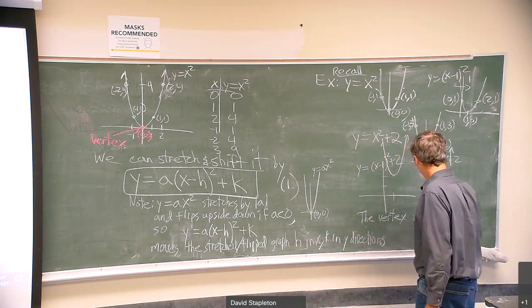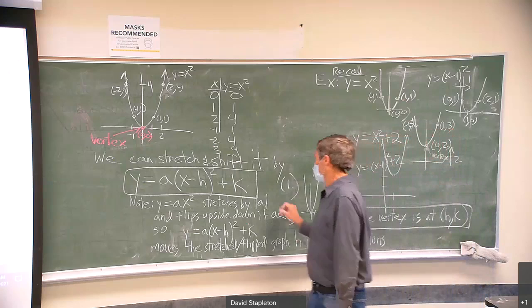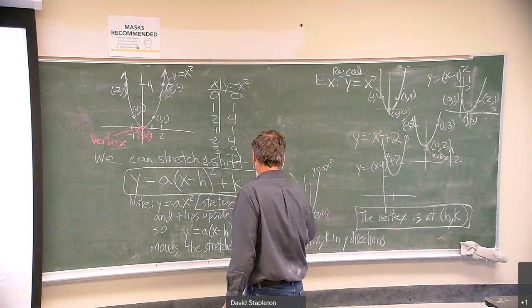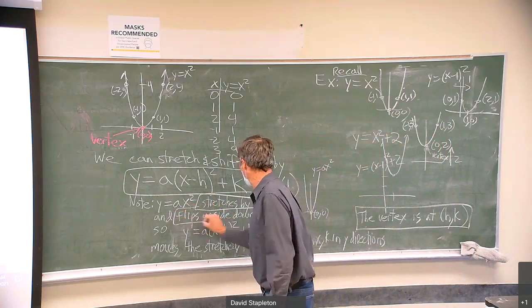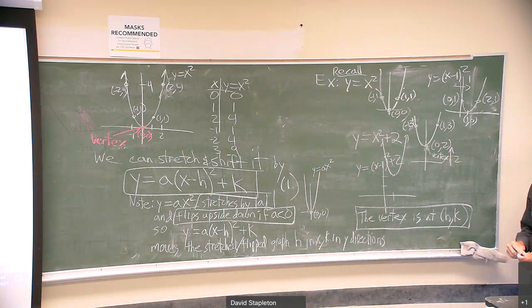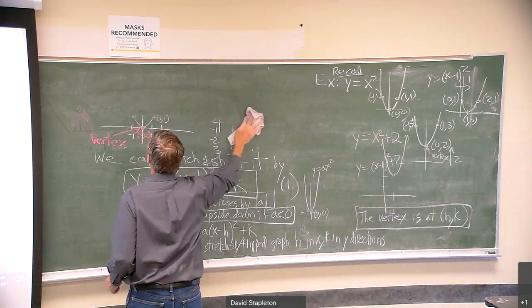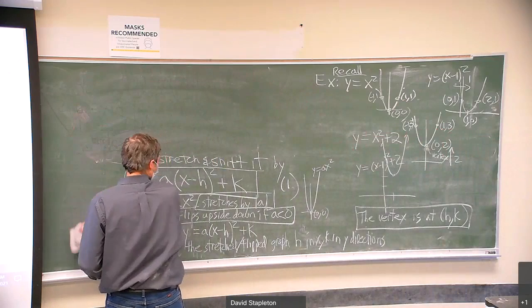And you have a stretch factor a, and it flips upside down if a is less than 0. If you use those three concepts, you can now graph any parabola. We can use that to sketch any parabola we want whatsoever.